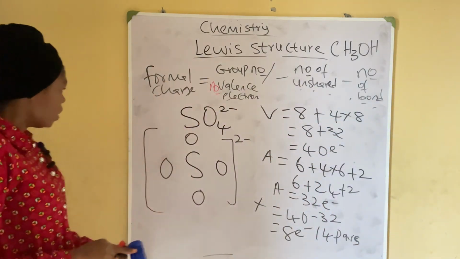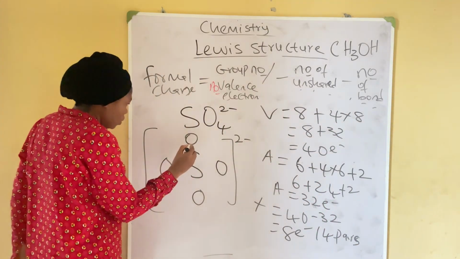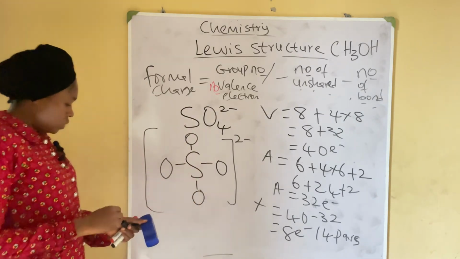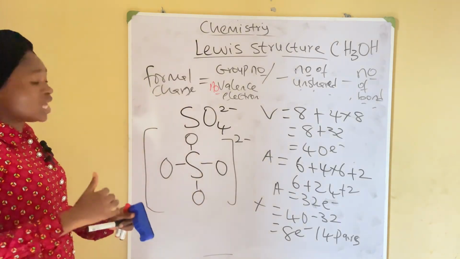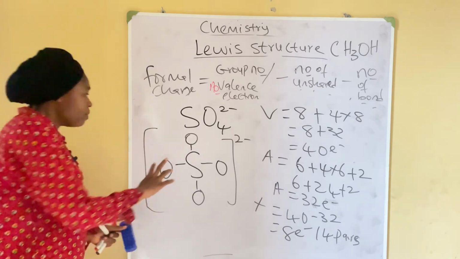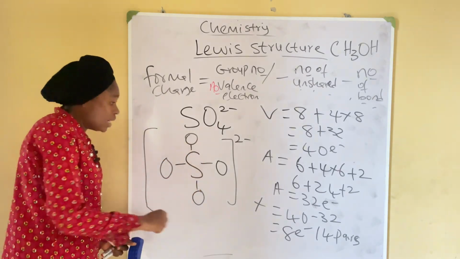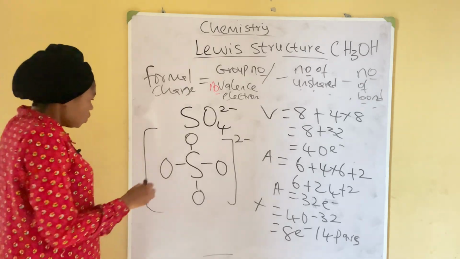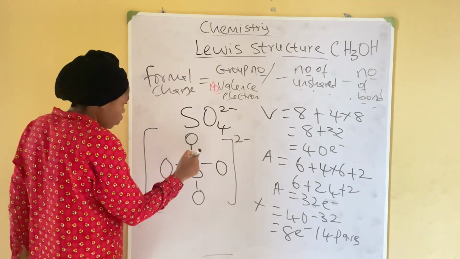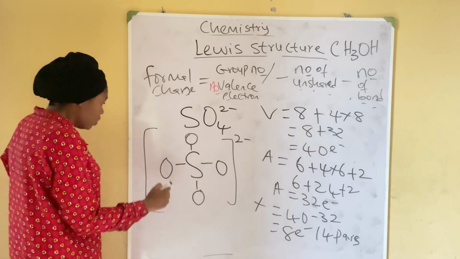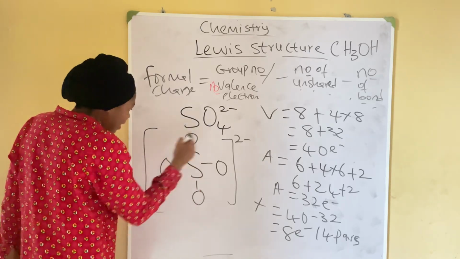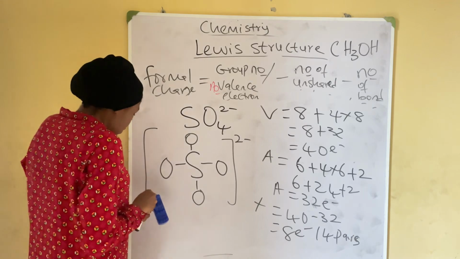So I'm going to put 4 pairs of electrons. 1, 2, 3, 4. And then we put the remaining electrons on the other elements, distribute them. So 1, 2, 3, 4. That's 8 electrons. Remember, one single bond needs 2 electrons. So 8 electrons have entered here already.